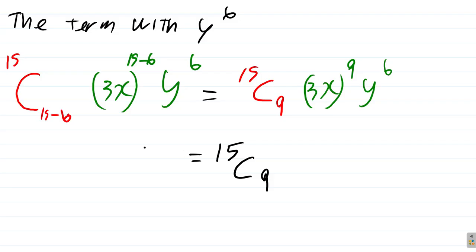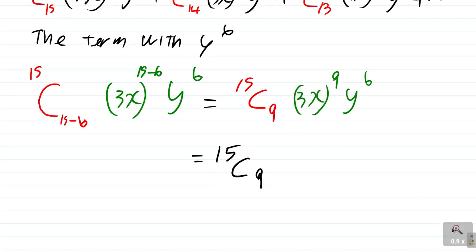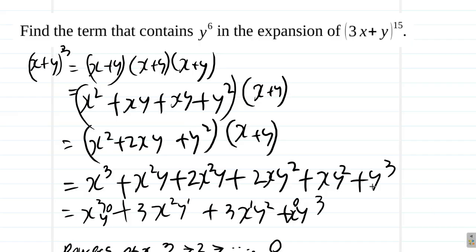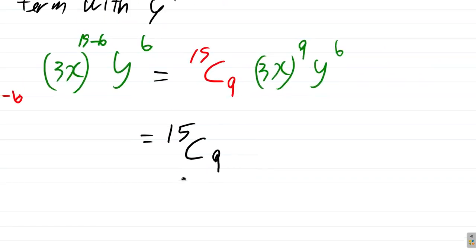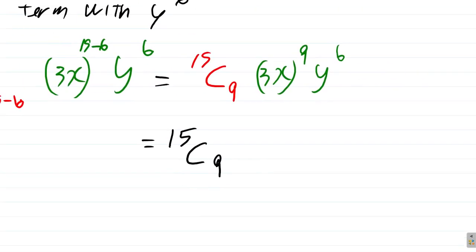Even though I could write it down, it looks awkward and a bit messy to be writing such a large number. Let's just keep it as it is here. Alright, so it's 15C9, 3 to the 9, x to the 9, y to the 6.